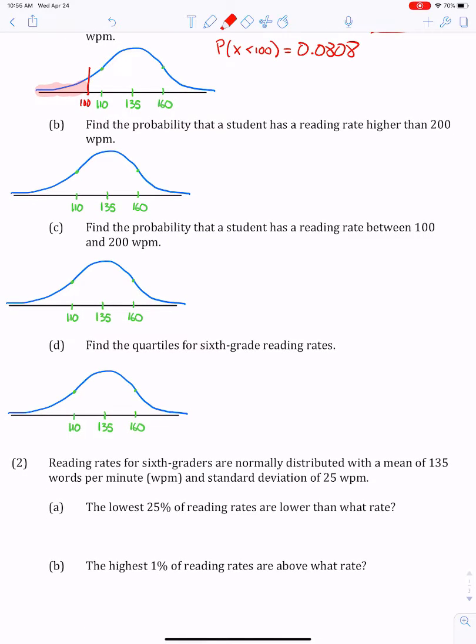Okay, now to find the probability that a student has a reading rate higher than 200, well, 200 is way over here someplace, and higher than 200 means this little tiny smidgen right there. So it's a very small area. To find that out, I will first write this in proper statements. The probability that a reading rate x is more than 200 equals, and I'm going to use the app to get the area.